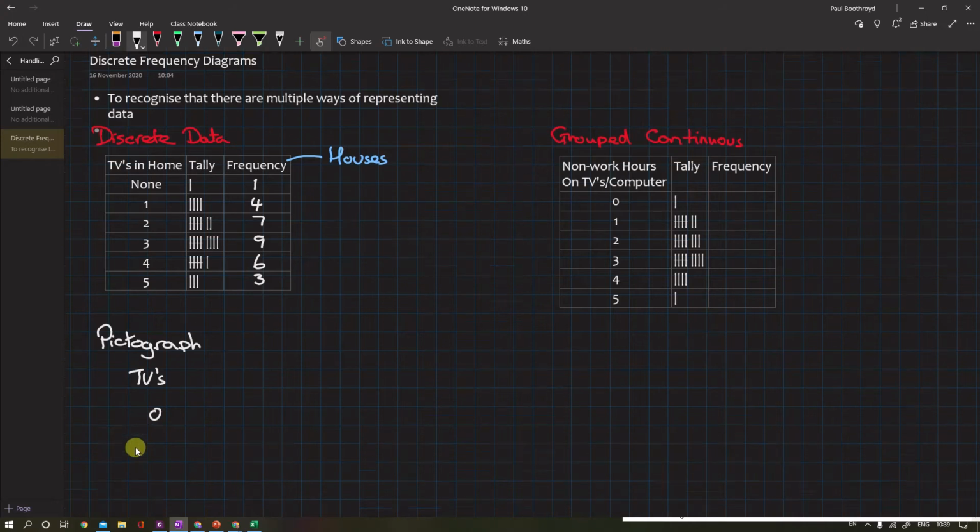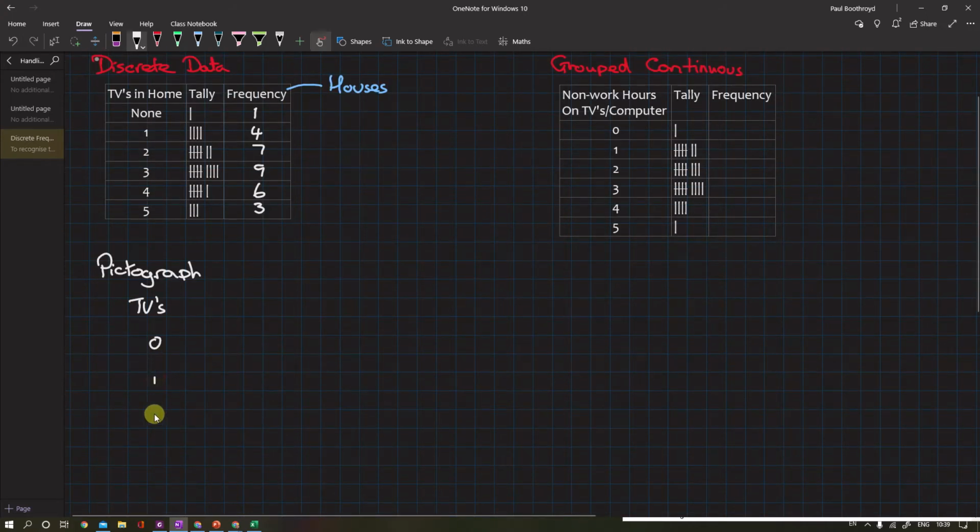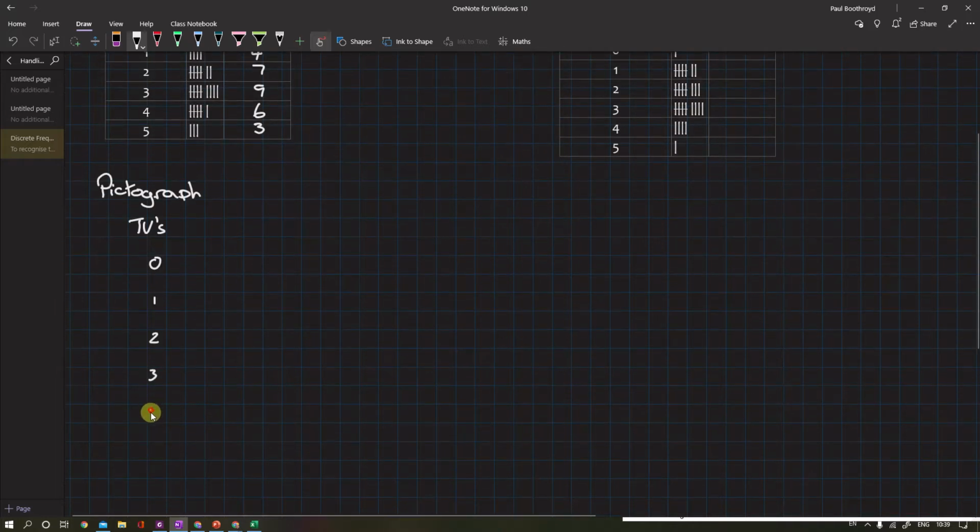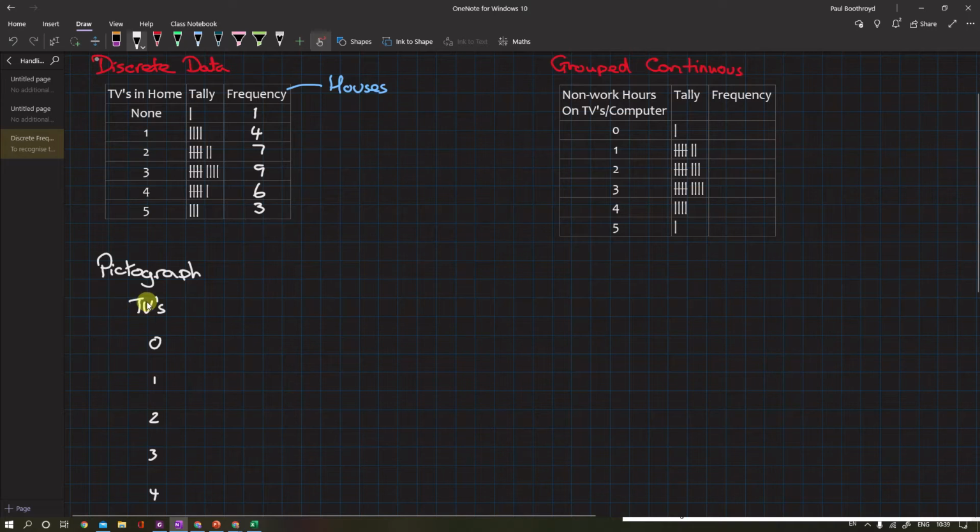So a sensible thing for me to do would be to use the number of houses represented by a house, not a television. We haven't got separate televisions, we've got houses going along here. Okay, so I'm going to use houses.